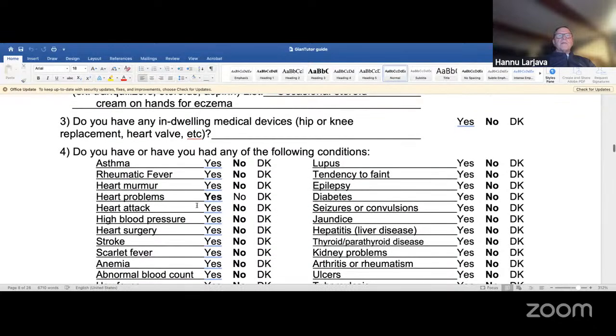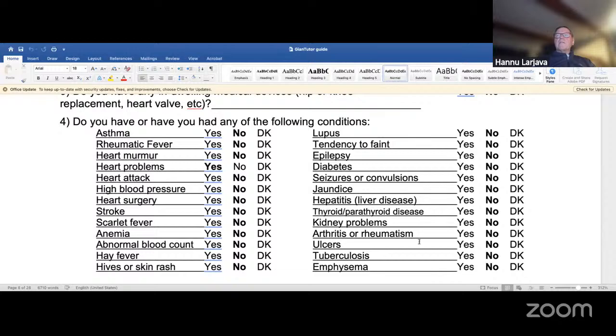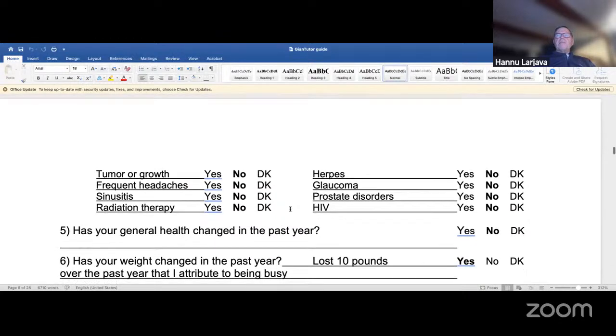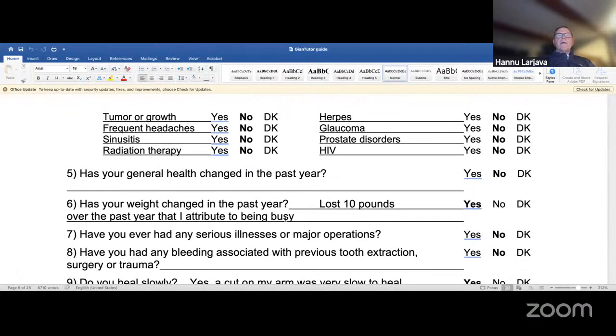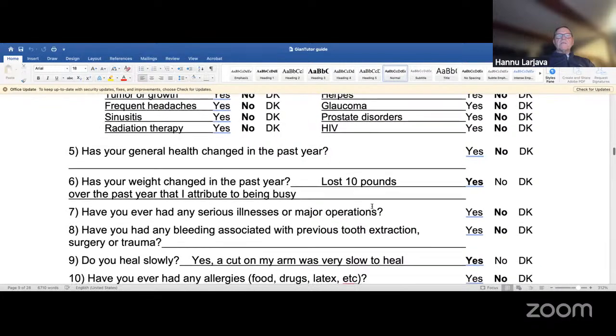So he will indicate that he has some heart problems, but everything else is kind of a no. Even diabetes is no in the health questionnaire. His health hasn't really changed. He has lost 10 pounds over the last year, and he thinks that's because he's so busy.